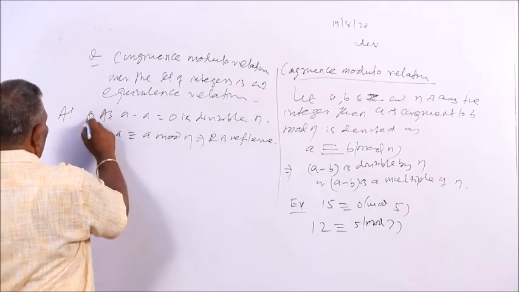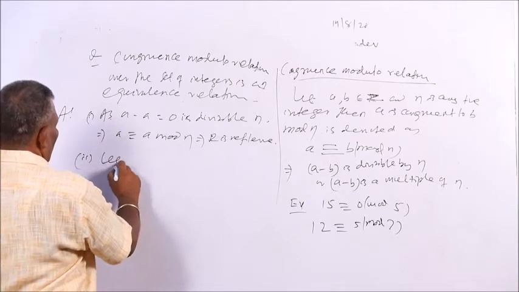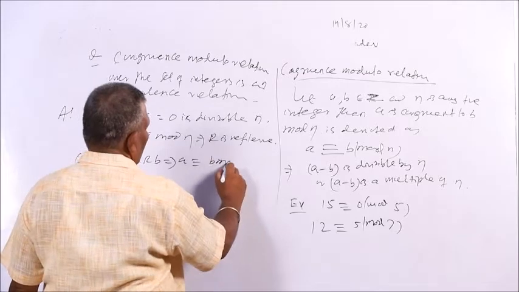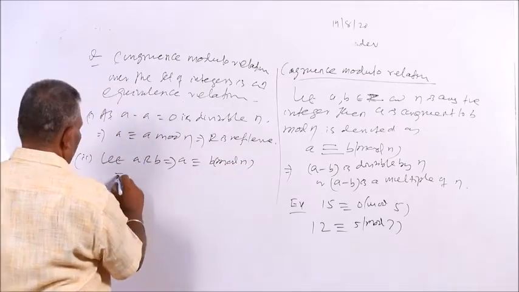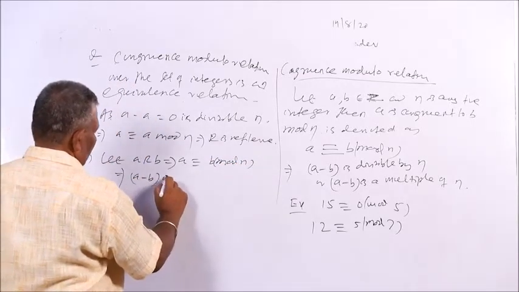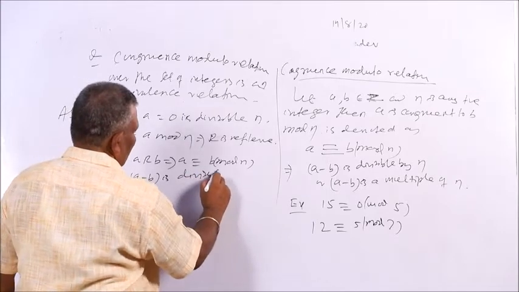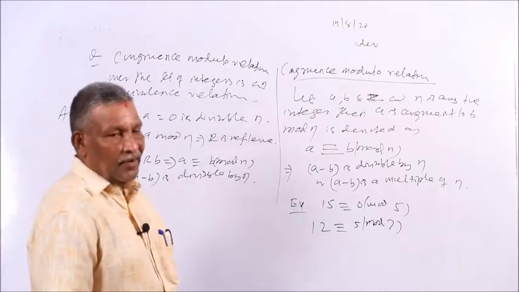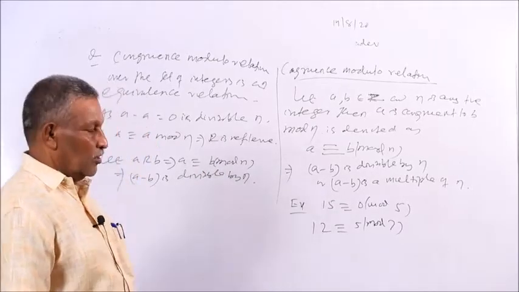Symmetric. Let a be related to b. That implies a is congruent to b mod n. That implies a minus b is divisible by n. Suppose 20 is divisible by 5, then minus 20 is also divisible by 5.